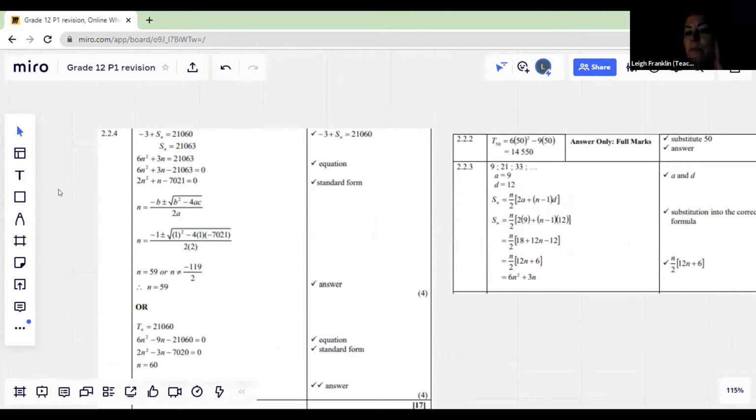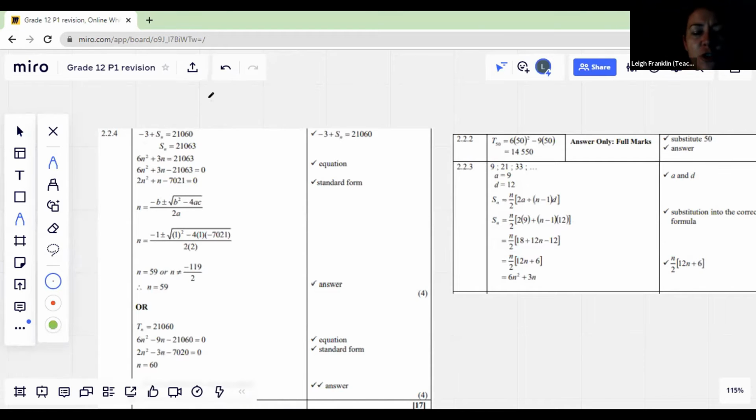All right, now, there was something that we forgot. When we wanted to use that Sn, remember, they were asking us how many first differences we would need to add to the first term to get a value of 21,060.